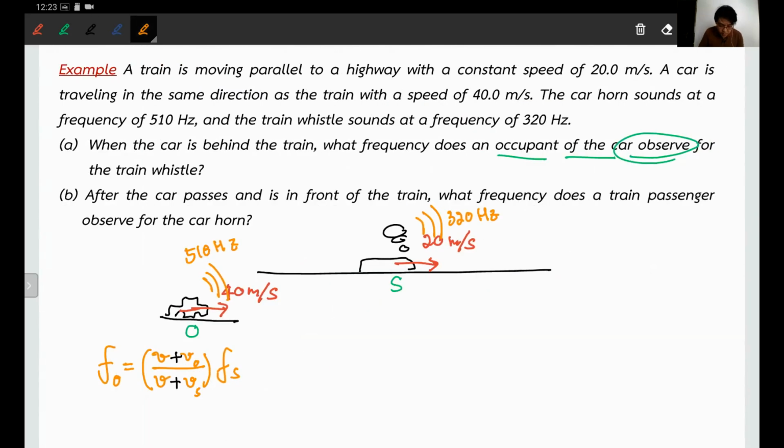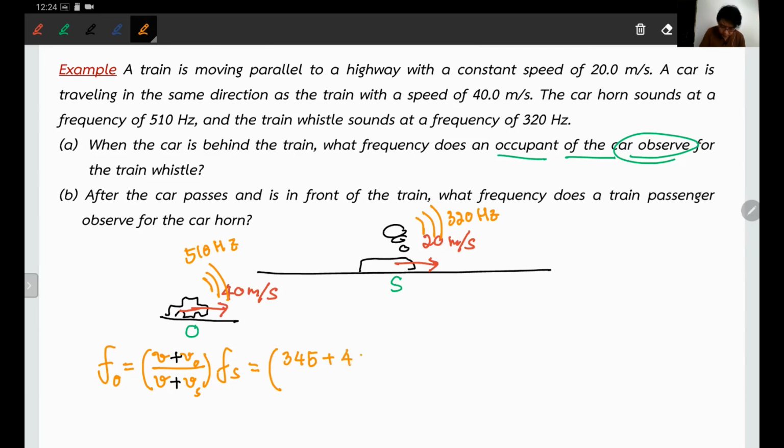Once you know what sign you should use, just plug in the numbers. Usually in the exam, they will give you the speed of sound, so that shouldn't be a problem. We can use maybe 345 or 340. That would be a given amount in the exam. Now, the velocity of our observer is the velocity of the car.